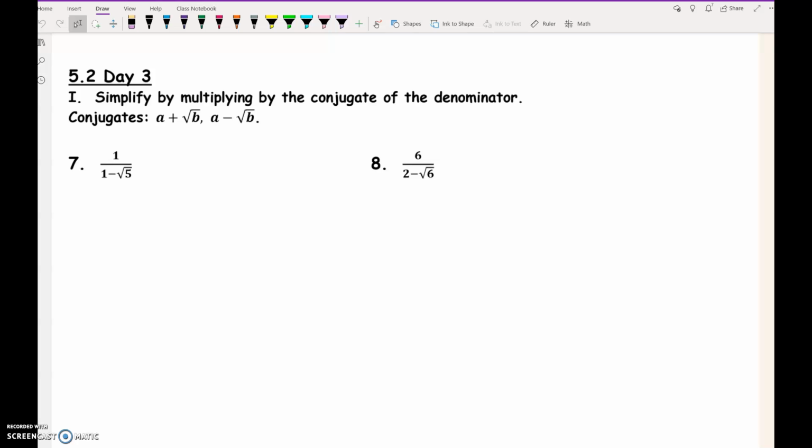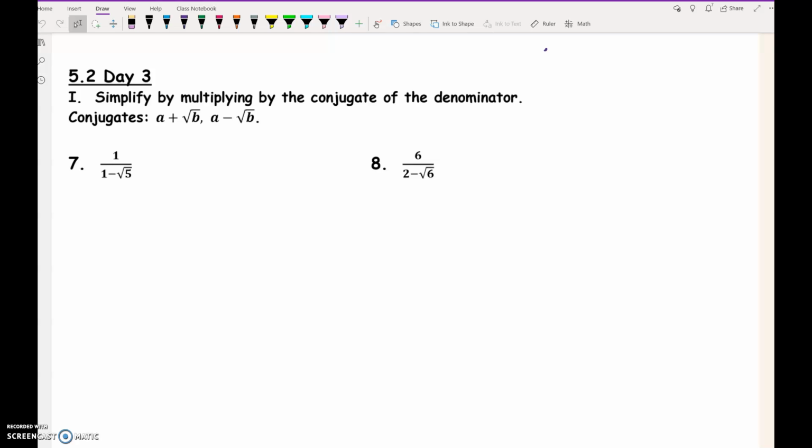So the solution is to multiply by the conjugate. The conjugate is the exact same thing as the denominator with the opposite symbol. So if your denominator says a plus the square root of b, the conjugate would be a minus the square root of b.